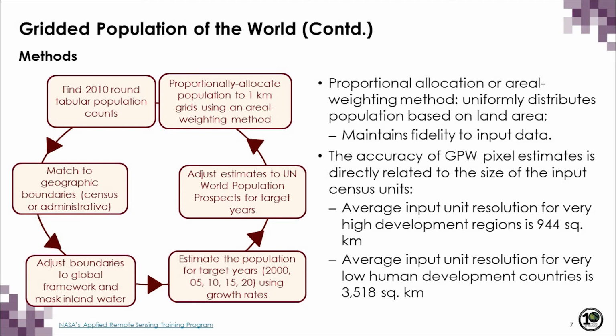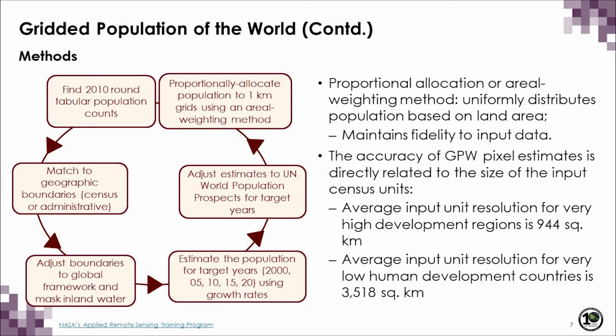The proportional allocation or areal weighting method uniformly distributes population based only on land area. This maintains the fidelity to the input data. But on the other hand, the accuracy of a GPW pixel estimate is directly related to the size of the input census units, which varies widely among countries.